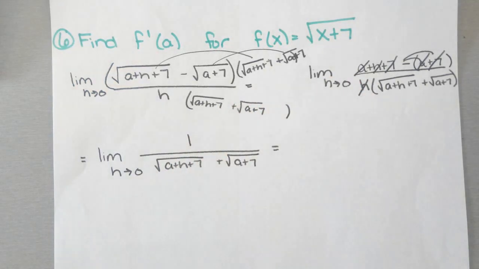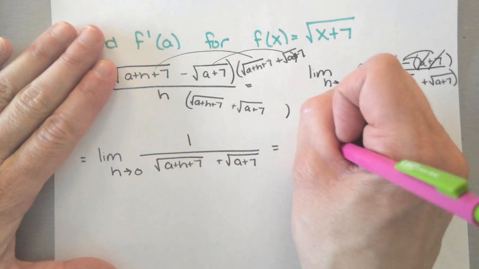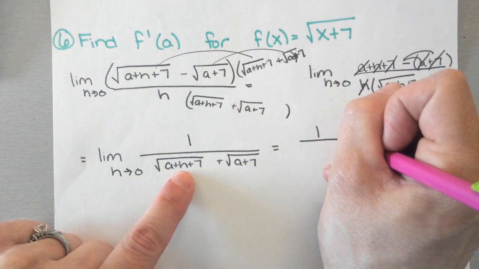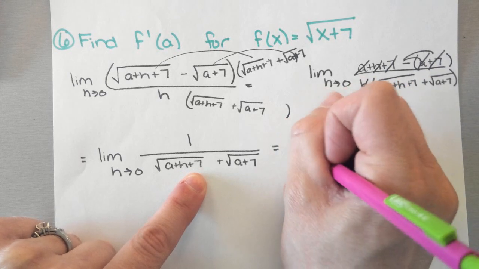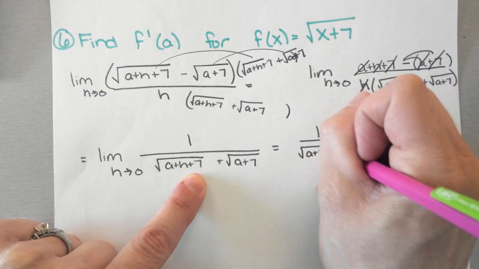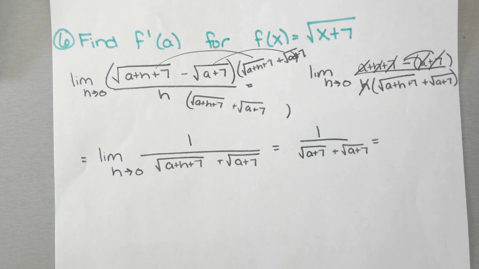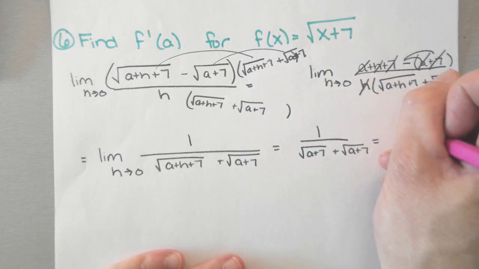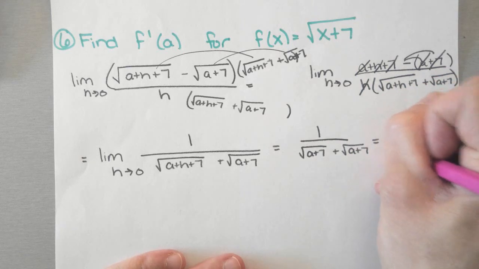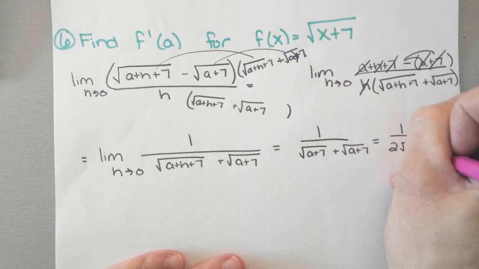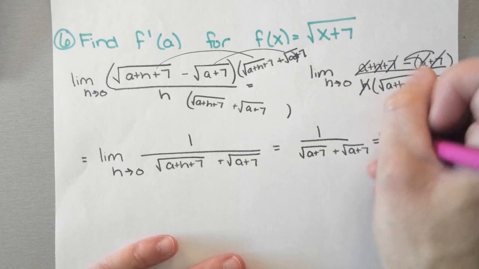Can I plug in the 0 now? Yes. So I have 1 over square root of a plus 0 plus 7. Well, that's just square root of a plus 7. Do you see how I have two of the same roots now? So I'm just going to simplify one last bit here and say it's 2 square root of a plus 7.